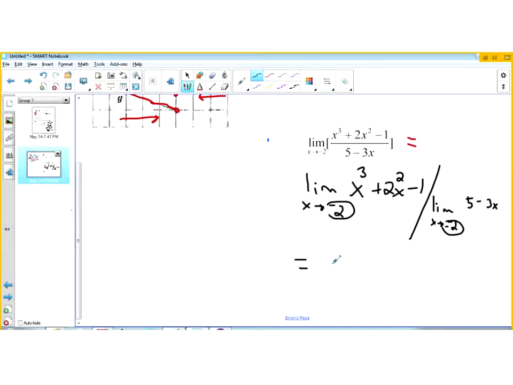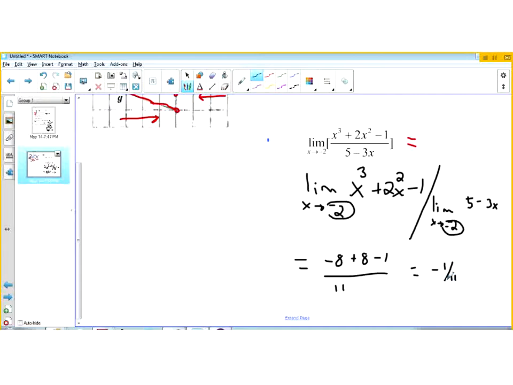So that's the substitution rule for polynomials. So this would be negative 8 plus 8 minus 1 divided by 5 plus 6. That would be 11, right? So that would be negative 1/11. So that's the limit.